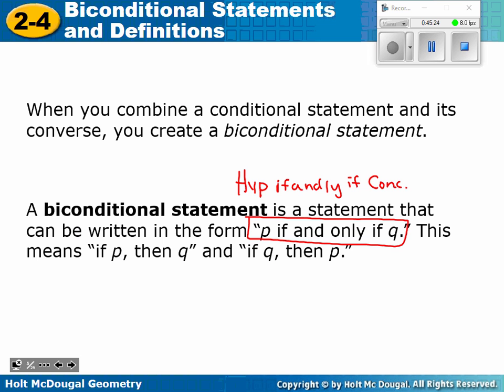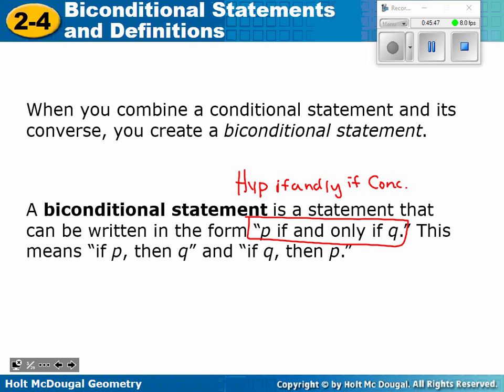But let's go with the spider thing. It said if an animal is an adult insect, then it has 6 legs. The converse says if it has 6 legs, then it is an adult insect. Those were both true. So the biconditional would say an animal is an adult insect if and only if it has 6 legs.